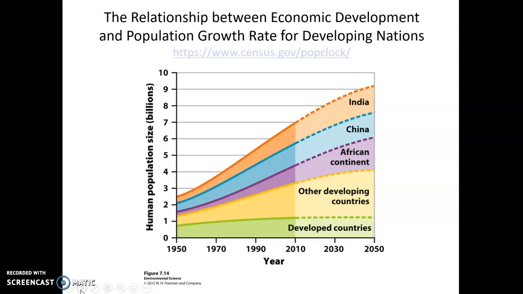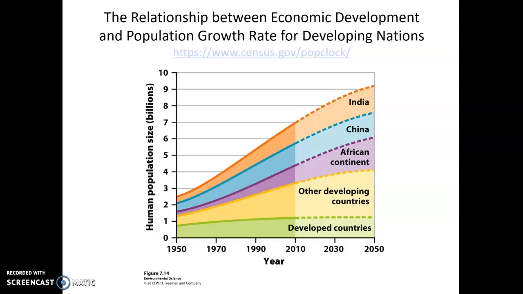Okay, so it's a little pale to see here, but the Census.gov population clock is something that I'd like you to click on and take a look at the different countries, where they stand now, how quickly there are new births, what is the current ratio between births and deaths in various countries and globally.